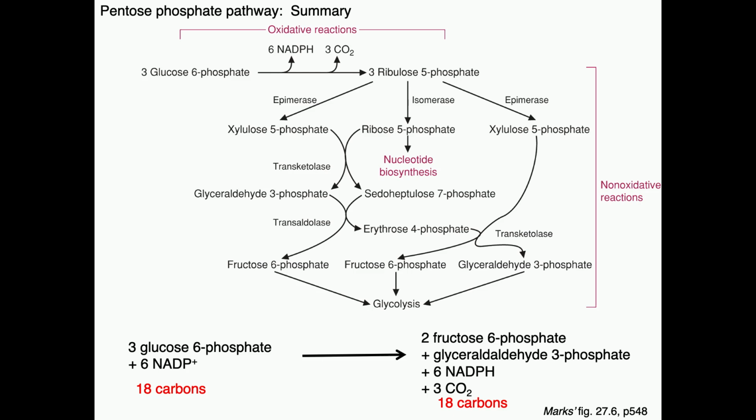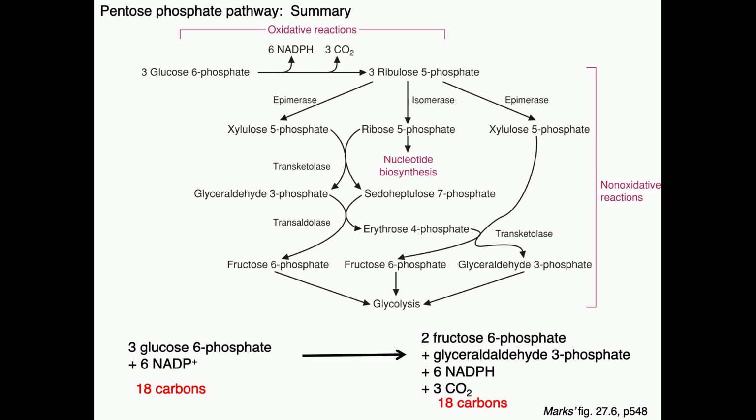Let's consider one of the functions of xylulose 5-phosphate. It can be a substrate for the transketolase and other enzymes and be converted into a glycolytic intermediate. But it has another role as a carbohydrate abundance sensor within cells.